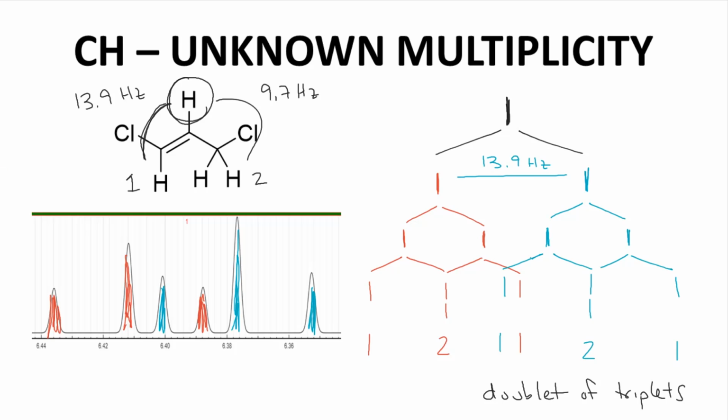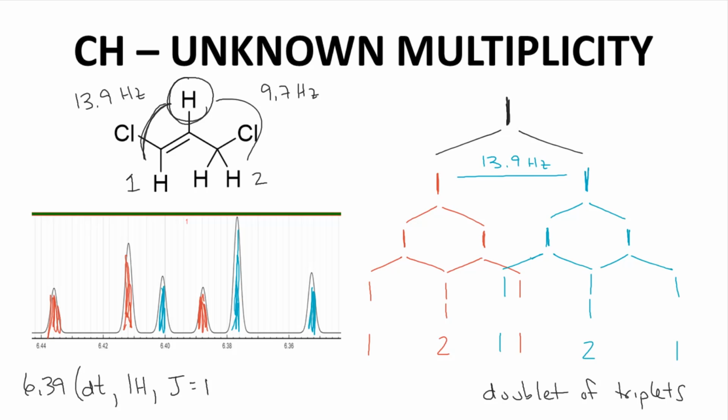Our pattern is not a simple one because we have more than one J value. To report this signal, we report the midpoint of the pattern, about 6.39 ppm, with its abbreviated multiplicity, a doublet of triplets, or DT, the number of hydrogens, 1H, and both J values.